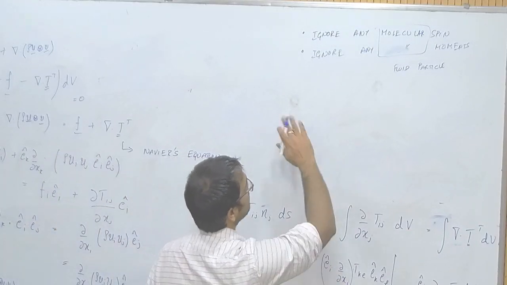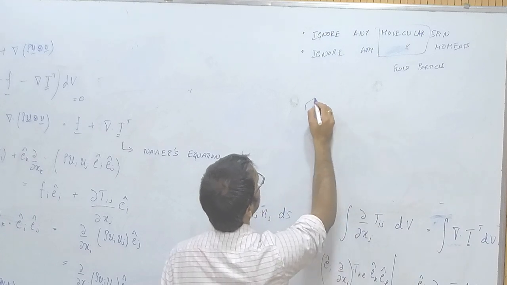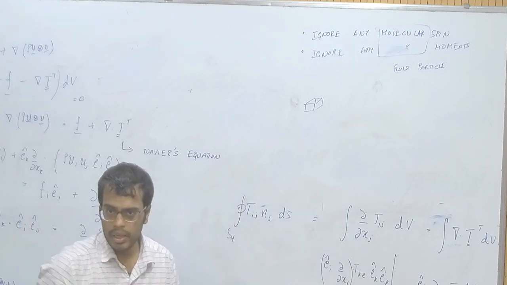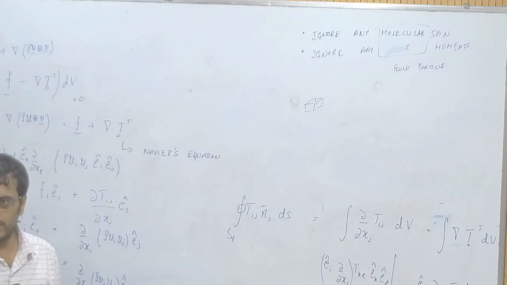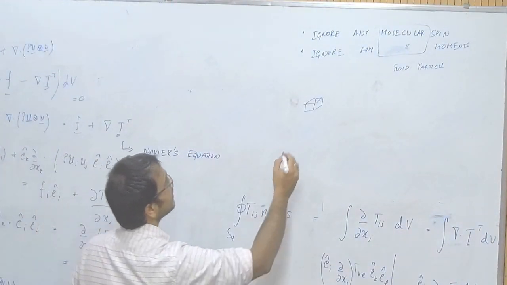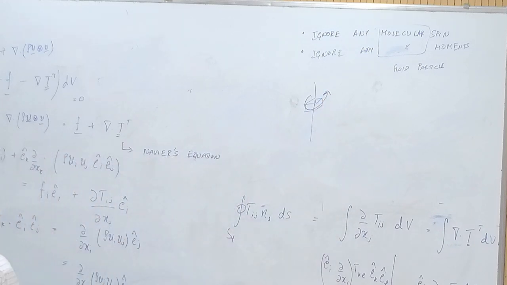What I mean by saying these two statements is that, let us say there is a fluid and there is a fluid particle, a very small fluid particle. Even though it is small, it has some volume, it has some mass, so it is also going to have some moment of inertia. What I am saying is that basically there is no orientation change of this particle.